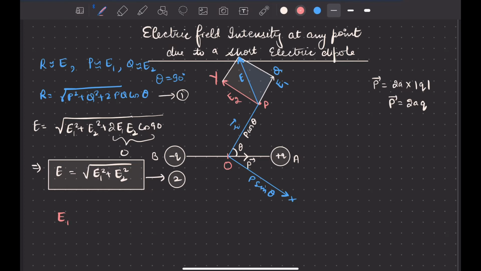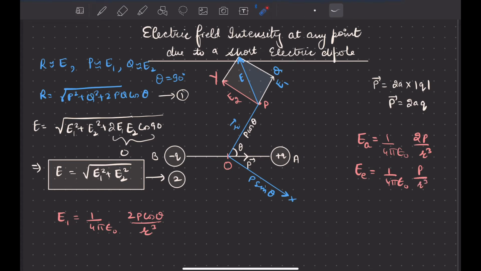That is, E1 is equal to 1 upon 4 pi epsilon naught 2p cos theta upon r cube, because the expression for axial line was 1 upon 4 pi epsilon naught 2p upon x cube. Instead of writing x cube, I have just put r cube, and for equatorial line the expression was 1 upon 4 pi epsilon naught p upon r cube.